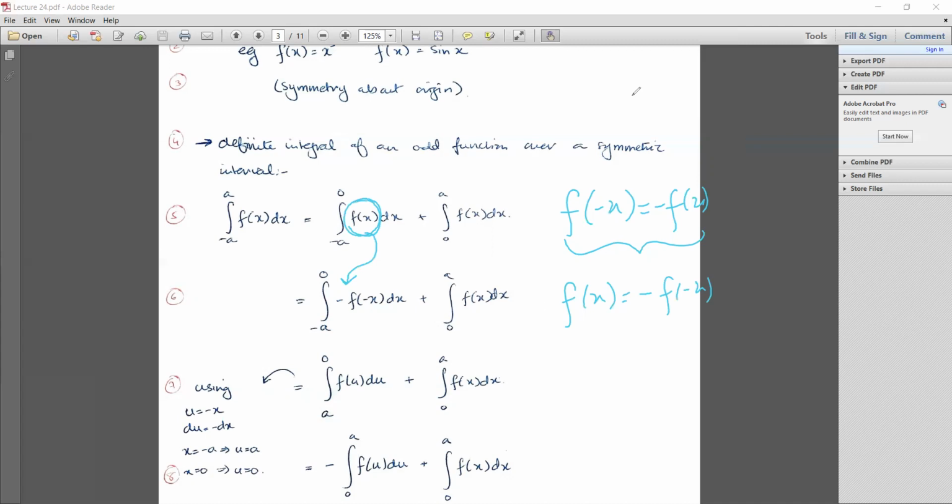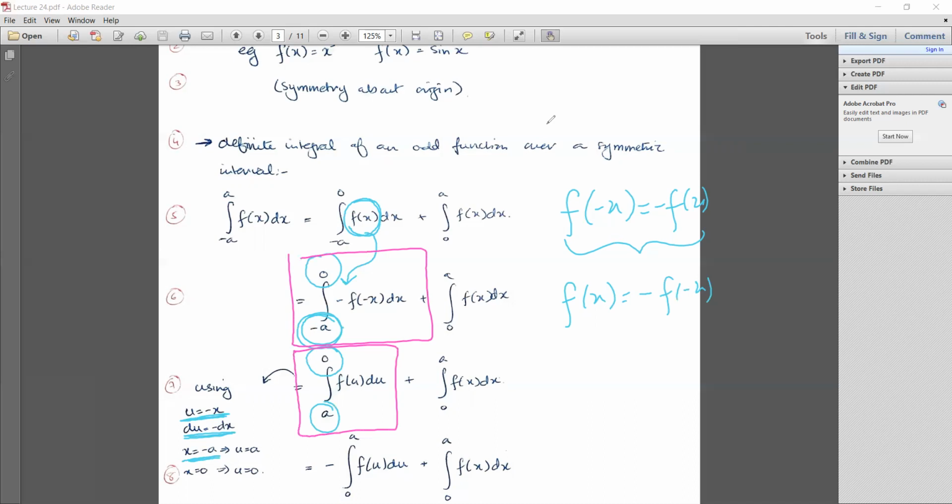Now I can do a substitution, which is u is equal to negative x. So du is negative dx. And my limits of integration, when x is negative a, u becomes a. And when x is 0, u becomes 0. So this integral here becomes the integral from a to 0 of f of u du.